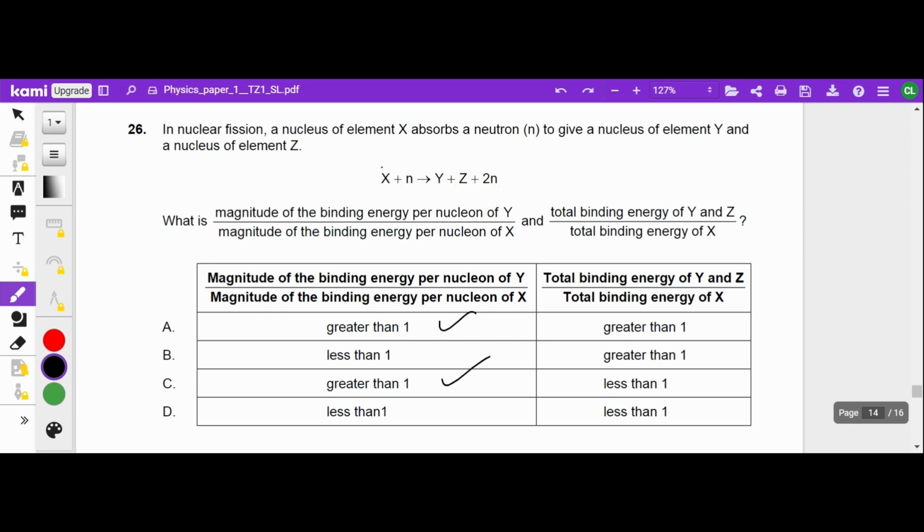And because basically the nucleon numbers are mostly conserved, that means that the binding energy of these ones, which is the nucleon number times the binding energy per nucleon, is also going to be greater than 1.